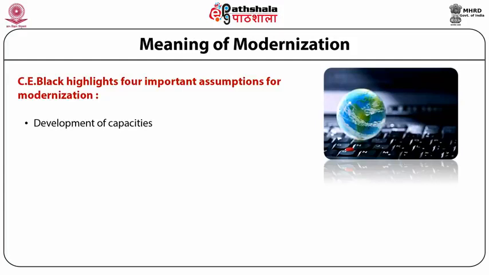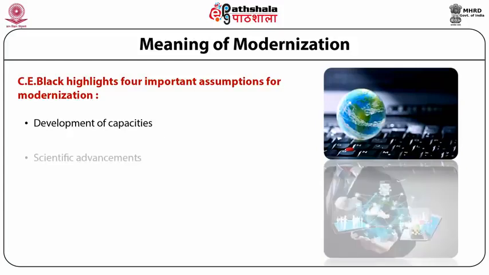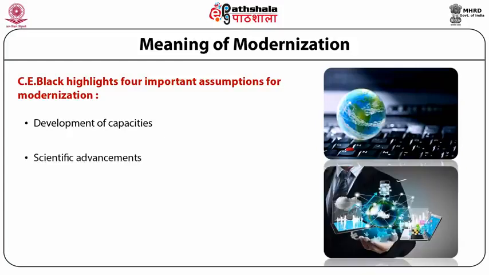It implies that modern institutions must be such that they will be able to cope with the advancements of modernity or must be able to inculcate modern values. The second important aspect of modernization is scientific advancement, and modernization is associated with rapid advancements in the field of science and technology.